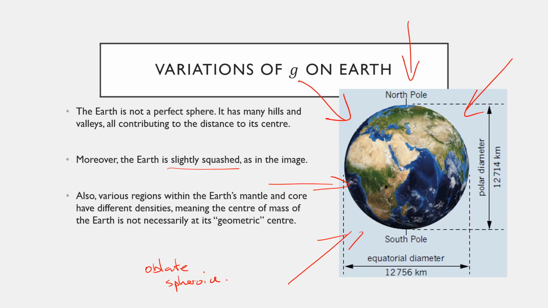It's probably off to the side somewhere, and it's probably always changing as well, because water's moving around and the tectonic plates are shifting. So we call it a dynamic field, or a changing field. It doesn't stay the same all the time. It's not static. Static means it stays the same all the time.